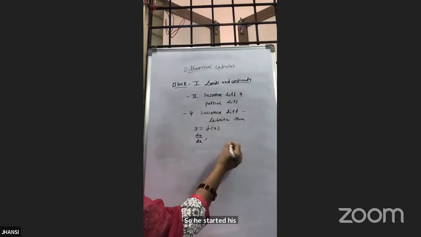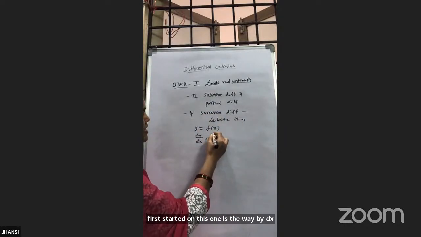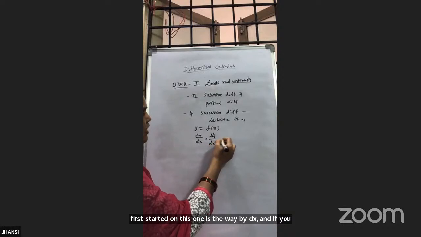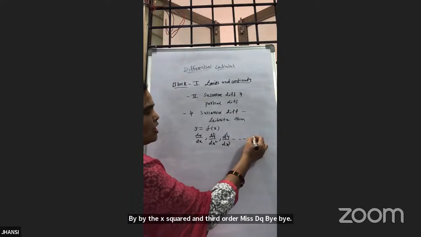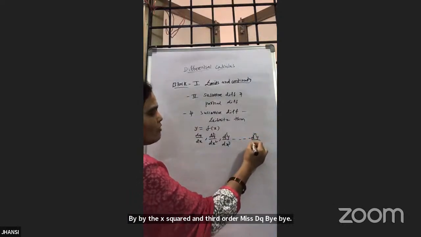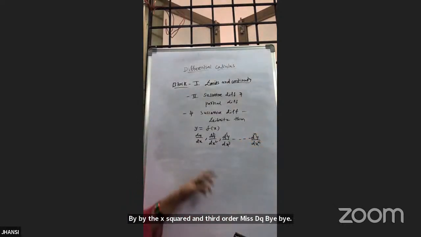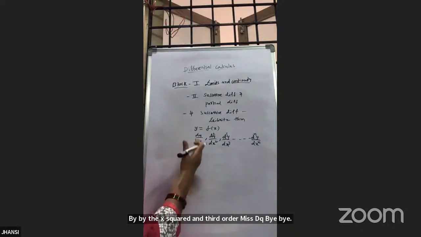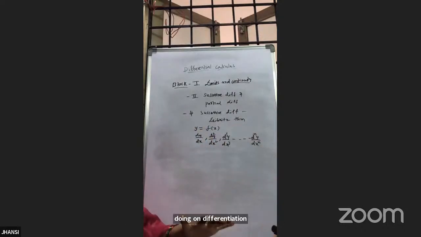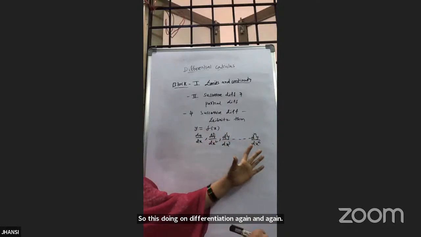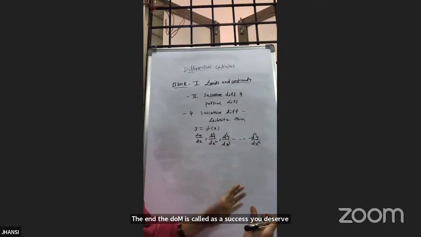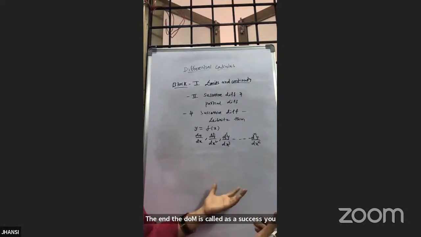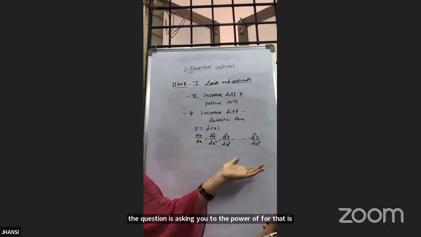If we do one more differentiation, we write it as d square y by dx square, and the third order is d cube y by dx cube. If you go on like this, we write d to the power of n of y by dx to the power of n. This differentiating again and again up to the nth term is called successive differentiation. Whatever the question asks, if it asks d to the power of 4, that is the fourth order, you have to find the fourth order of the differentiation.